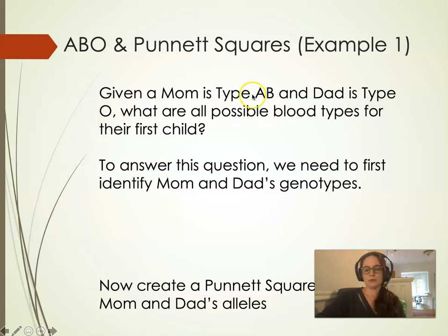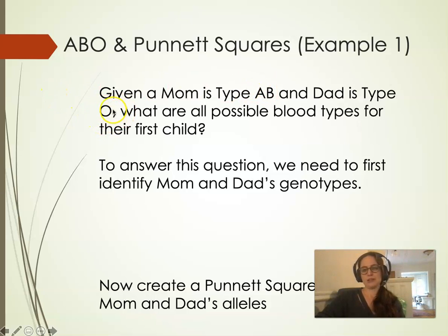Now this one, we're starting simple because we already know how to fill out this Punnett square. Parent 1 is, it's not homozygous, is it? Because this is AB. It's codominant AB. Parent 1 is codominant AB.